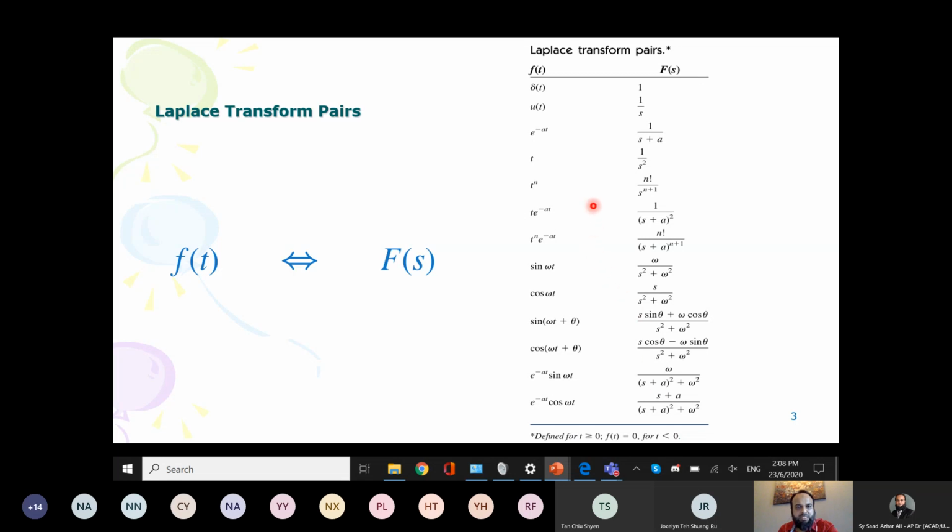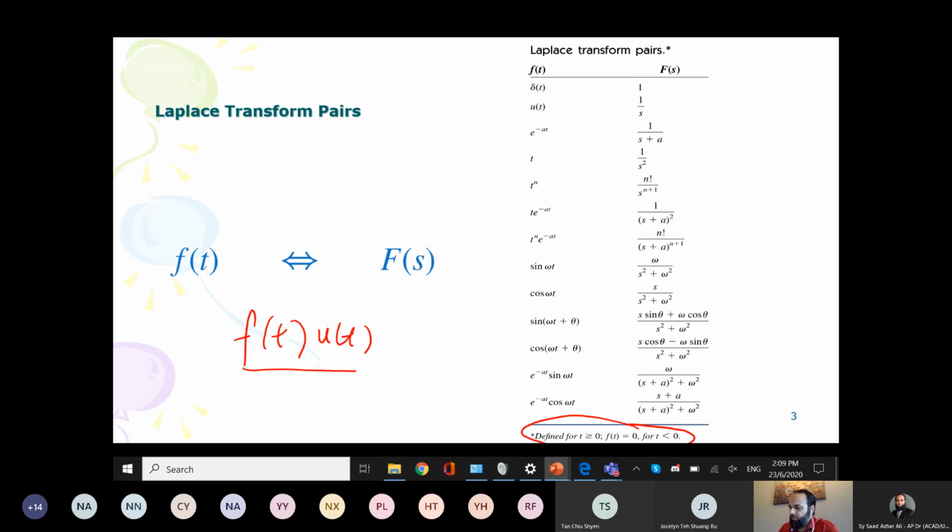Sometimes f of t is written with u of t attached. This shows that the function is valid after t equal to 0, so don't be surprised if we see u of t attached to the function. That is actually highlighting this.